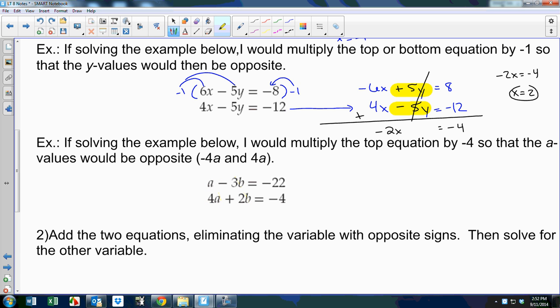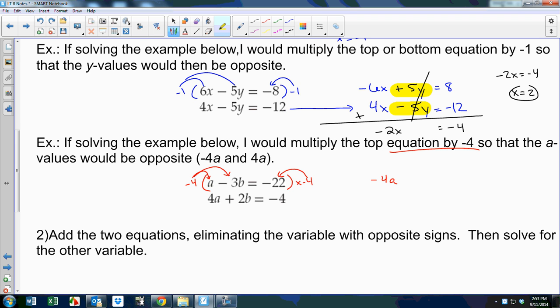All right, so if I'm solving the example, I would multiply the top equation by negative 4, so that negative 4 times a would become negative 4a, and it would cancel with the positive 4a that's underneath it. Okay, but we have to do that to everything in the equation, both sides.